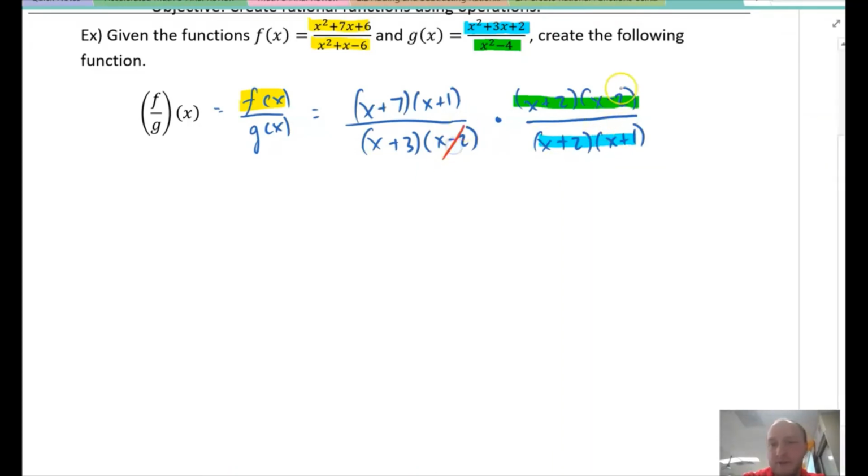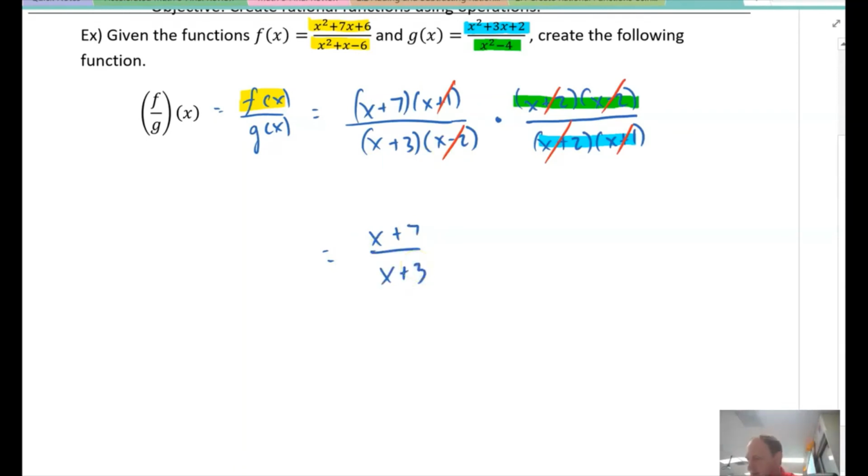So x minus 2, oh, I got x plus 1 top and bottom there. And x plus 2 top and bottom. Okay, so there wasn't much to this function. This function just ends up being x plus 7 over x plus 3.